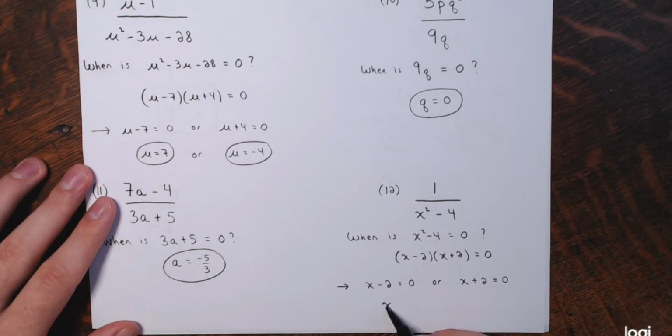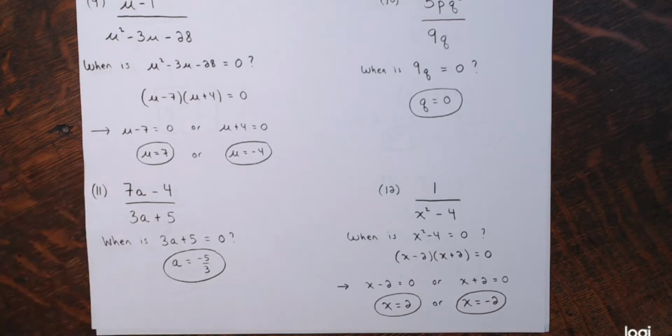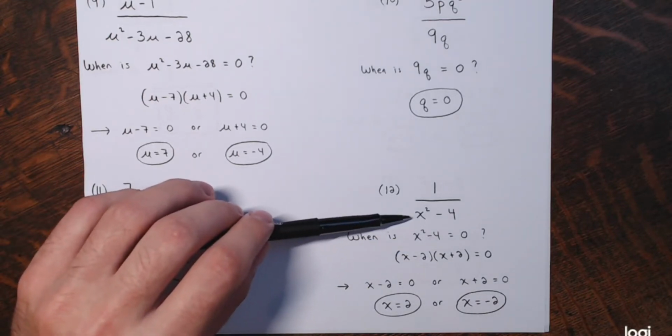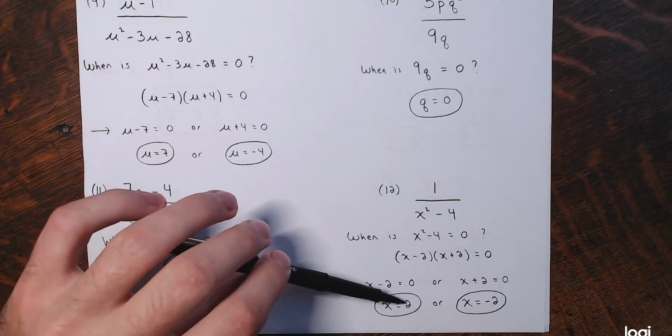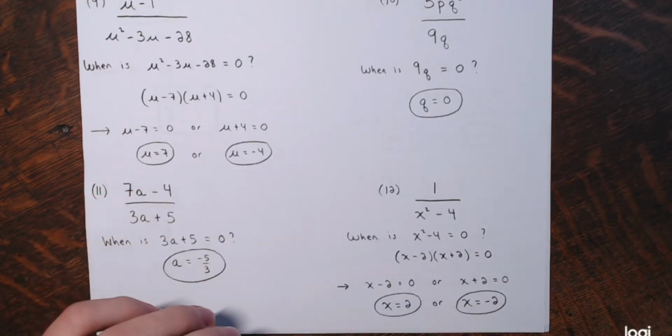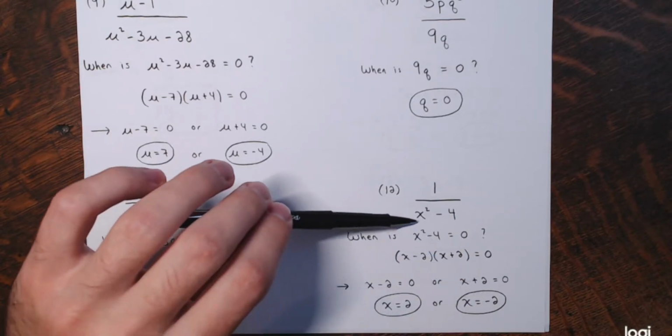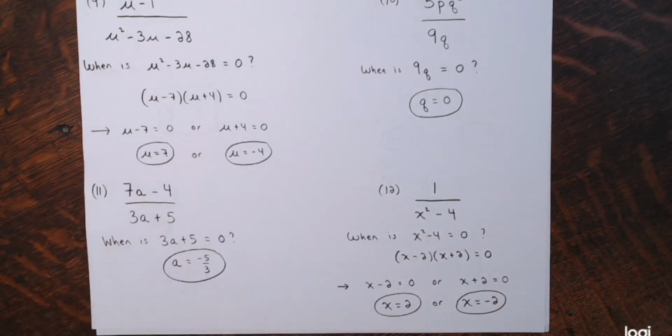We have x equals positive 2 from the first equation, or x equals negative 2 from the second equation. So I could replace x with any number I wanted except 2 or negative 2. Because if I replace x with 2 or negative 2, the denominator will be 0. I'll have 1 divided by 0, and that's bad.